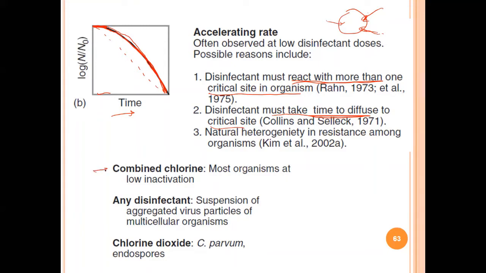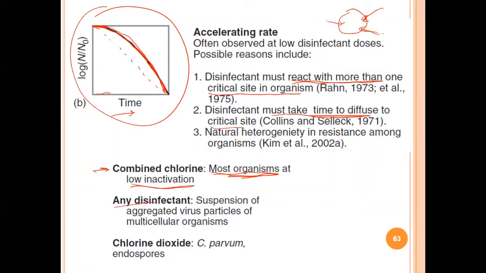Examples are combined chlorine. Combined chlorine means chlorine which is combined with ammonia. If you are using combined chlorine, you can see this pattern, this shape, for most microorganisms at low inactivation.